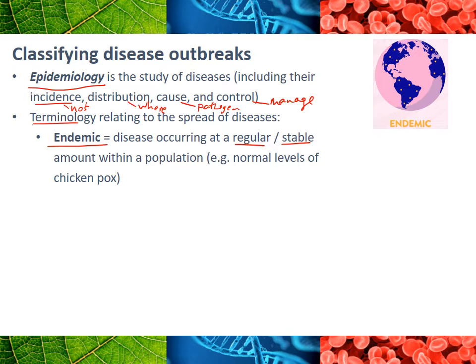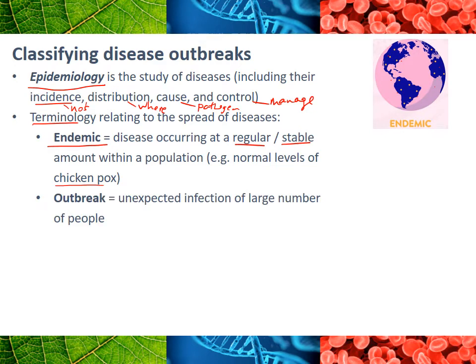An example of that is chickenpox. We're not getting any huge outbreaks of that now because of things like vaccination, but there's always a few cases here and there. They're easy to identify. They're generally pretty easy to manage. You see on this map, we've just got some scattered cases around. That's just the normal amount of that disease.